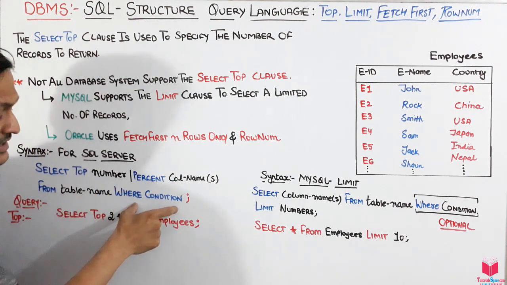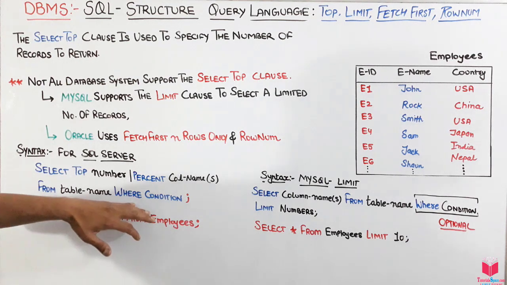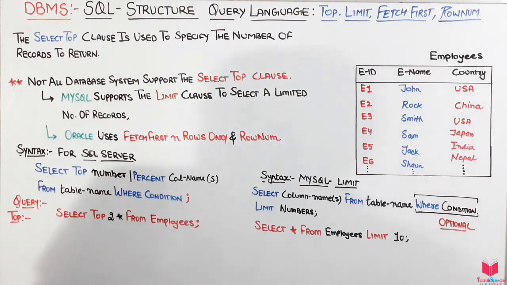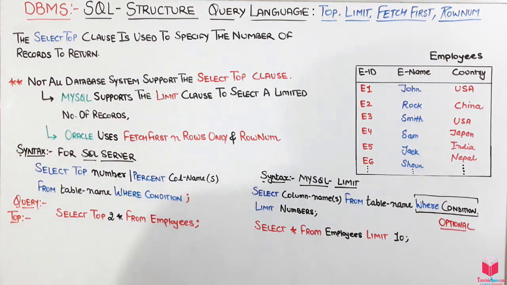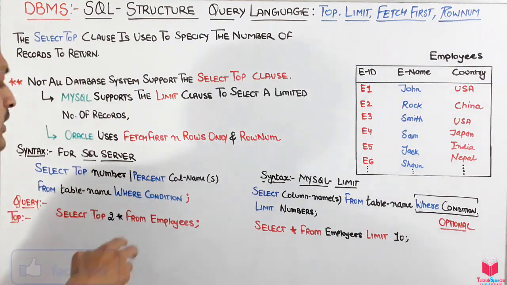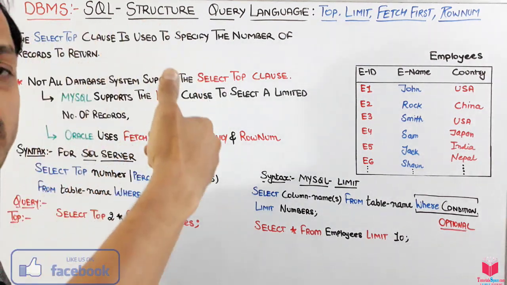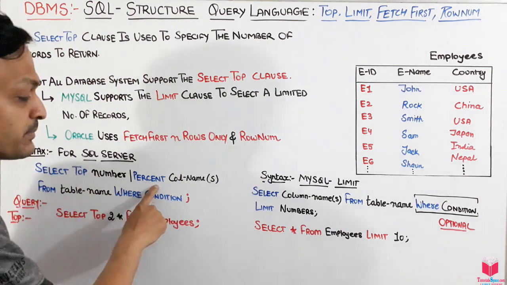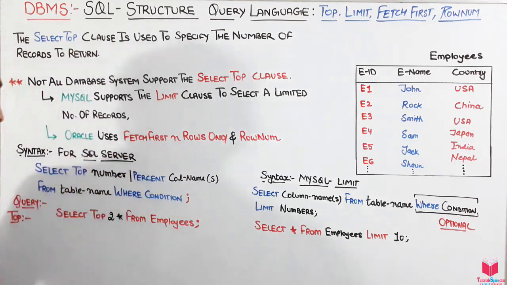The WHERE condition is not compulsory, it is optional, depending on your query or output. But the main things to mention are SELECT TOP number, like the top 5 rows or top 6 rows. You can also specify a percent, for example top 50 percent of the output, then you will use the word PERCENT. Then the column names from which table, this is basically the query.